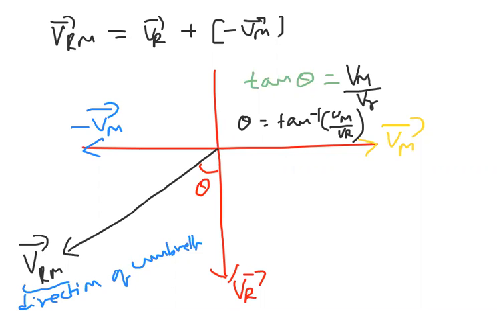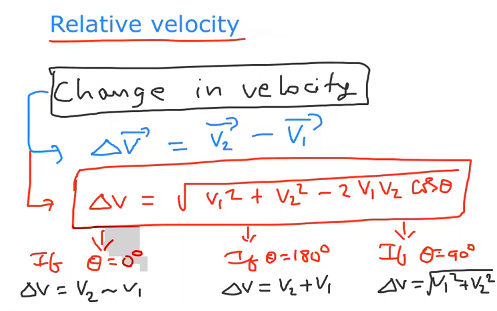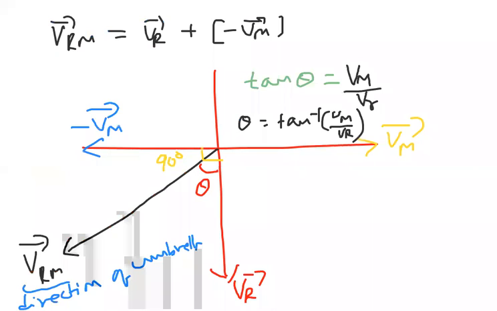Again, if I now take the magnitude, how are Vm and Vr? Perpendicular. I told you in the relative velocity concept, if two velocities v1 and v2 are perpendicular, theta equals 90, the change in velocity is square root of v1 square plus v2 square. So now VRM magnitude, both being perpendicular, is square root of VR square plus VM square.